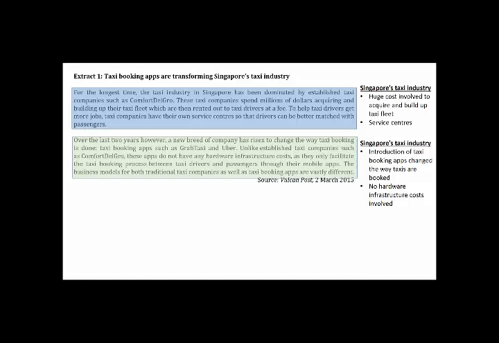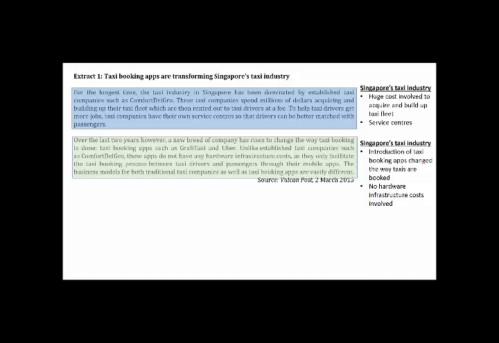But these days, all you have to do is take out your mobile phone, state where you are going, and then they'll try to match you with your nearby drivers. Whether it is a taxi driver or a private hire vehicle, PHV, they can get you to your destination in a short amount of time.